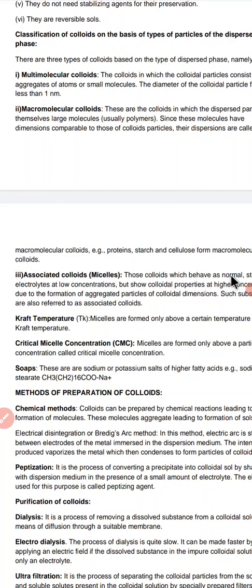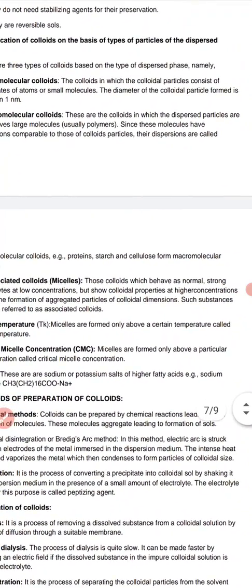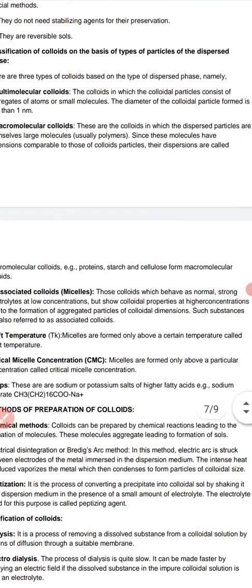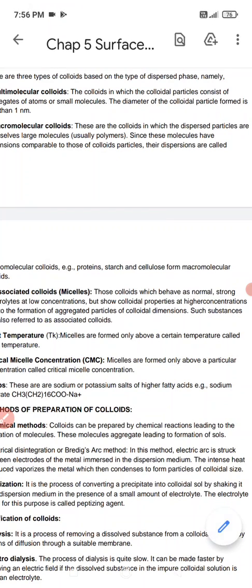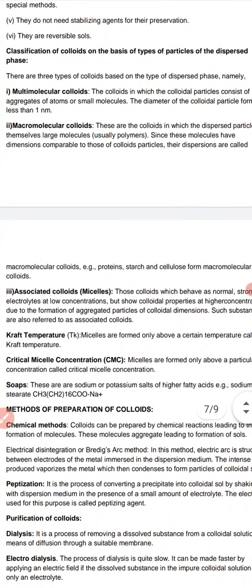These colloids behave as normal strong electrolytes, but they show colloidal properties at a higher concentration due to the formation of aggregated particles of colloidal dimension. Such substances are known as associated colloids.